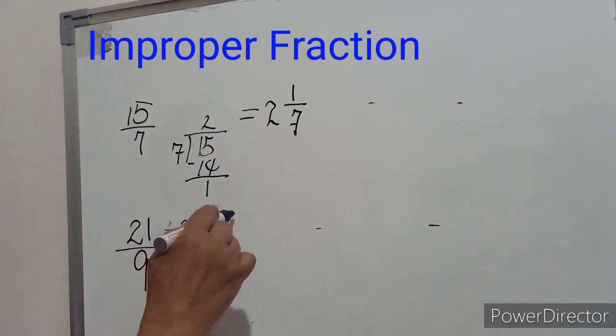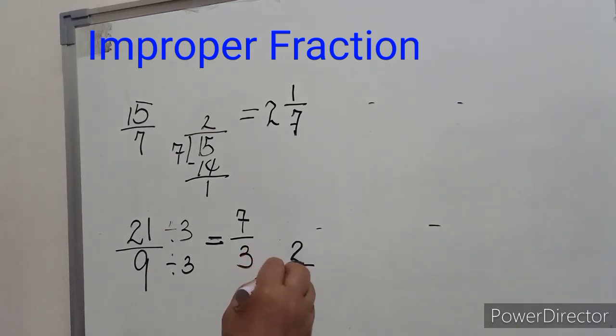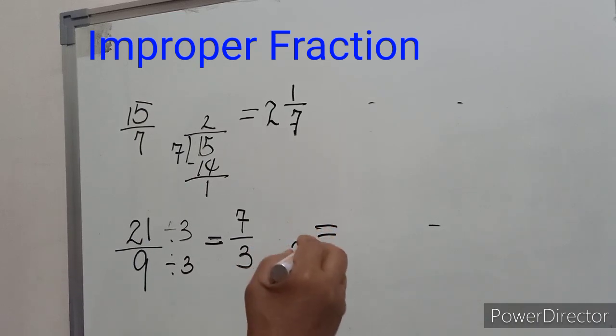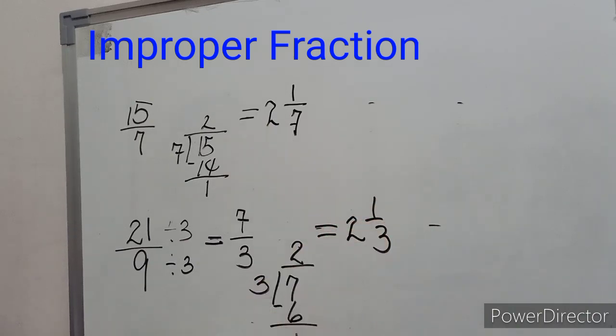So 21 divided by 3 will give us 7, and 9 divided by 3 will give us 3. 7 over 3. Then we divide 7 by the denominator 3. 7 divided by 3 is equal to 2. 2 times 3 is equal to 6. If we subtract, the result is 1. So that will give us an answer of 2 and 1/3.